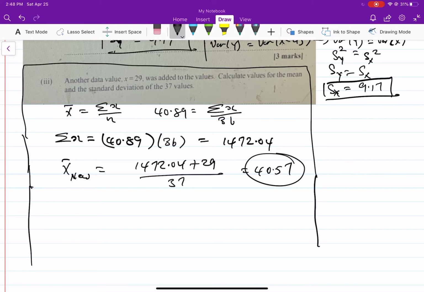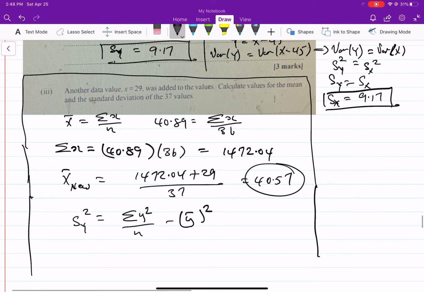Yes, let's see what the new standard deviation is. We know that sy squared is the sum of y squared upon n minus y bar, all squared.